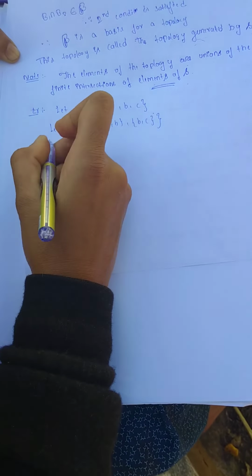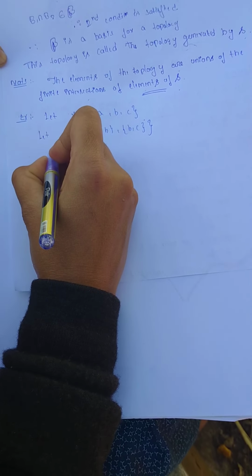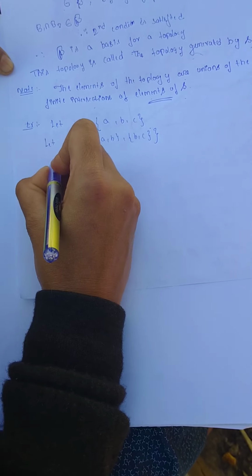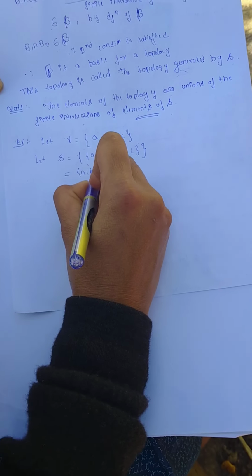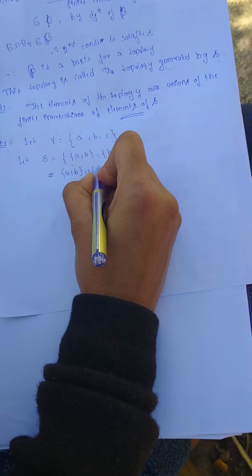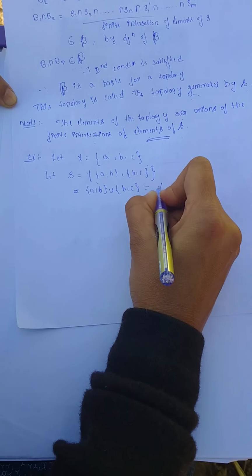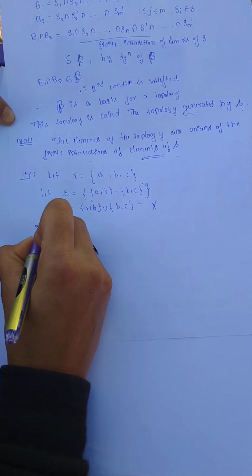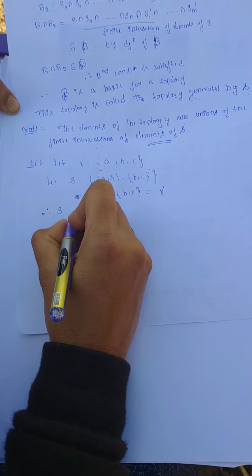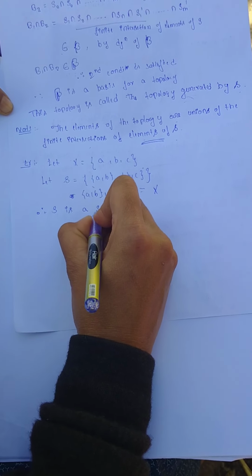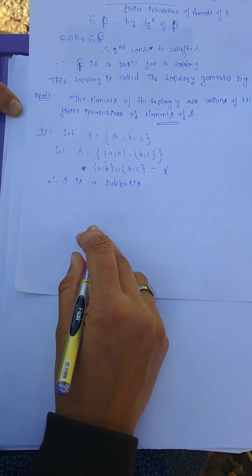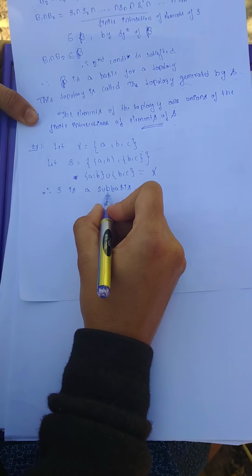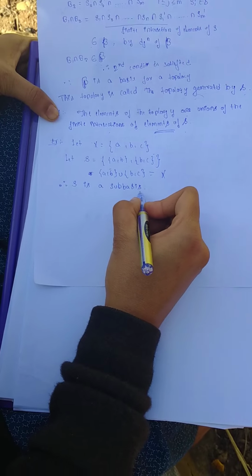Then the union of these two elements is {a, b} union {b, c}, which equals X. Therefore, S is a subbasis. This is how we show that a collection is a subbasis.